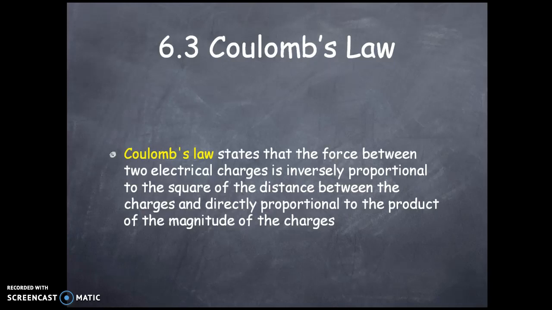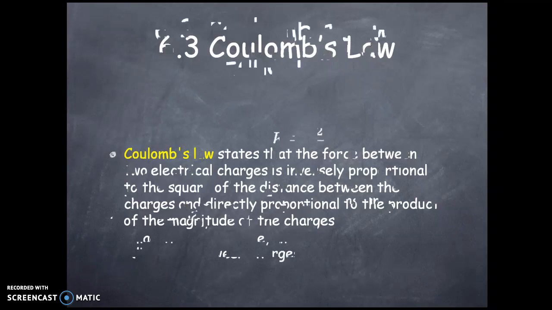And it is inversely proportional to the square of the distance between them. So as the distance increases, the repulsion or the attraction force between them changes drastically because of that square of the distance.